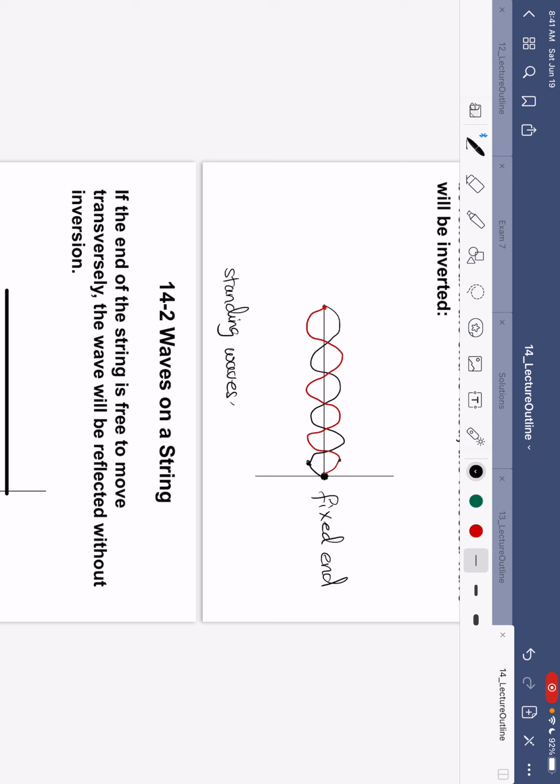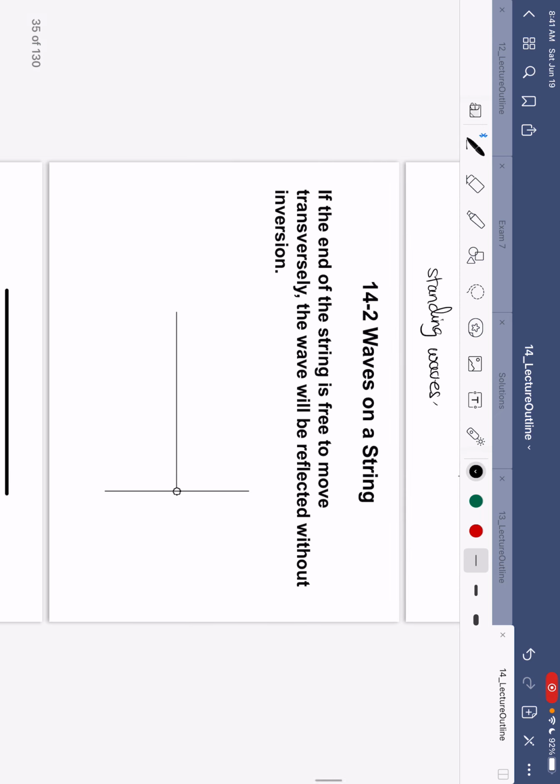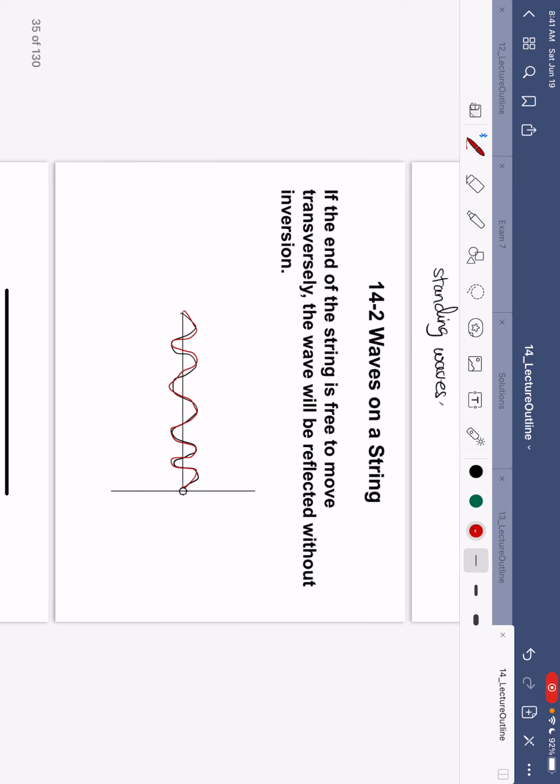There are certain frequencies at which I will have standing waves, and I will talk about that. If the end of the string is free to move transversely, the wave will be reflected without inversion.